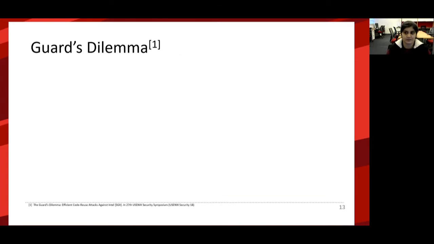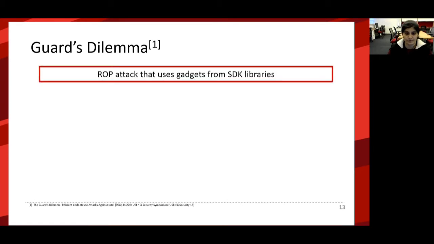One such attack is called the Guard's Dilemma. It is basically a return-oriented programming, or ROP, attack that uses gadgets, or smaller instruction sequences, from the runtime libraries that the Intel SDK generates. Although the enclave memory cannot be read, the TRTS, the Trusted Runtime System, is the same across all systems, and thus we have this attack scenario.